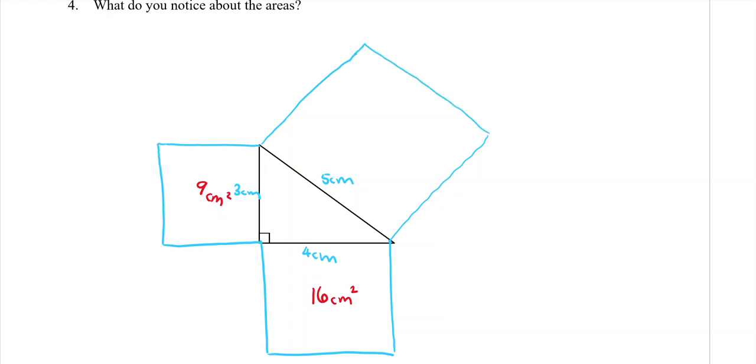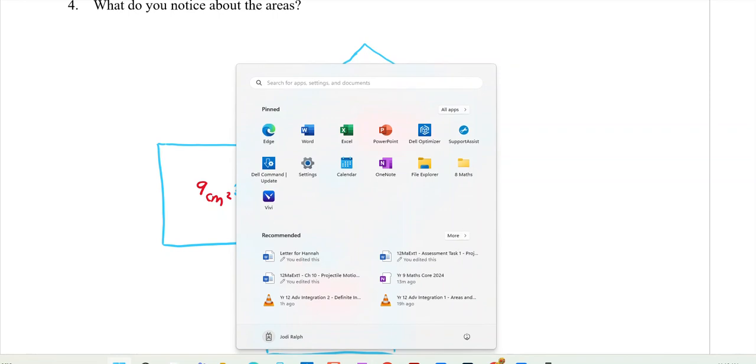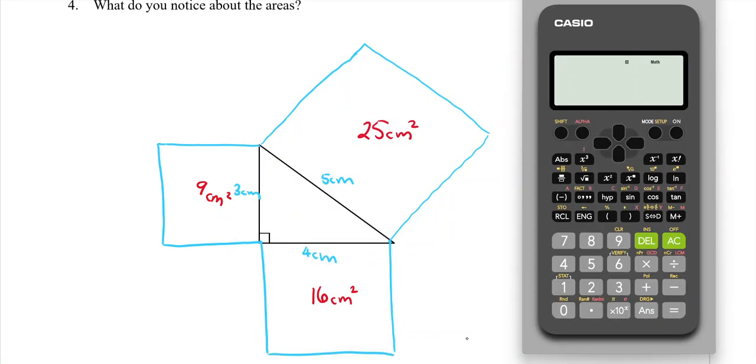What is 5 times 5? 25. Yeah. All right, now what Pythagoras noticed was when you do these weird squares going around your triangle, when you add 9 and 16 together. Let's go. 9 plus 16 equals 25, which was the third side. So that's what he found.